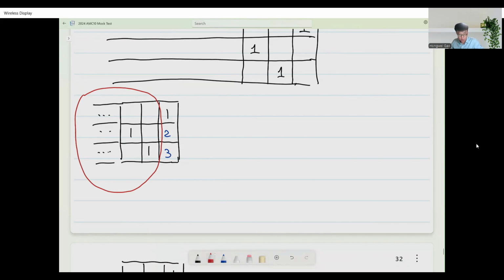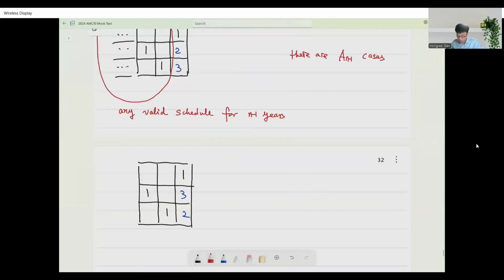We will not have 2 before 3 anymore. So this is any valid schedule for n-1 years. So that means there are n-1 cases of this type. Now let's go to the other case.